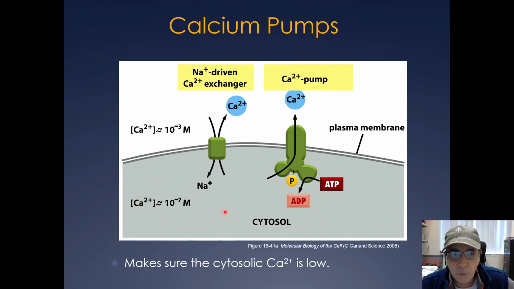Here are two. You have a sodium-driven calcium exchanger, so sodium flows in and calcium is pumped out. And then you also have an ATP-dependent calcium pump that uses the hydrolysis of ATP to pump calcium out of the cell. Okay, and this makes sure that the cytosolic calcium levels are low.